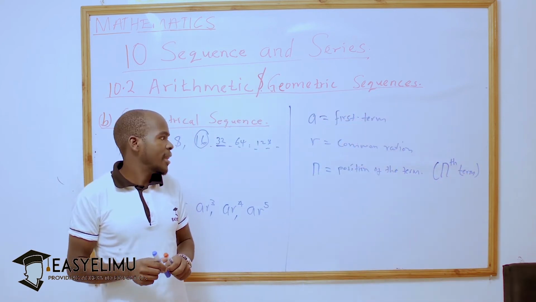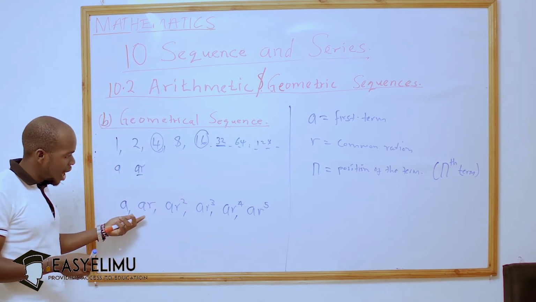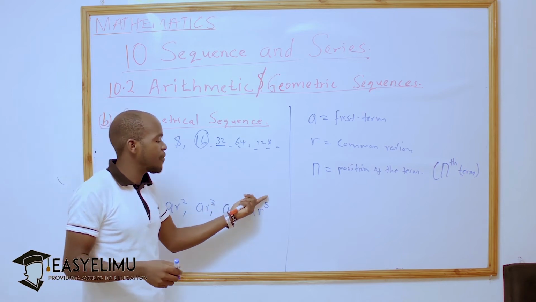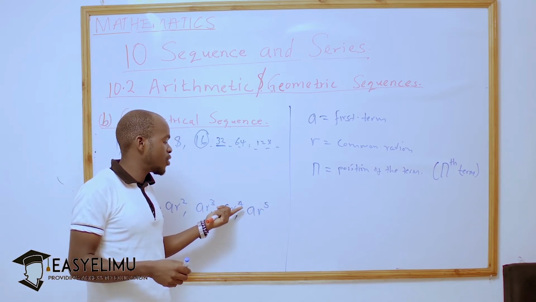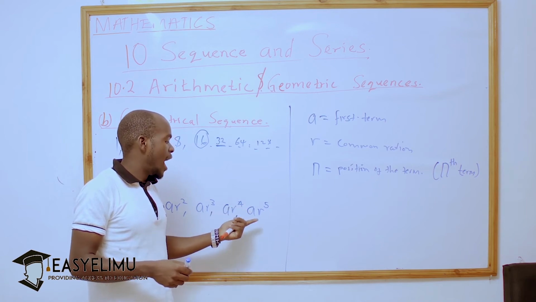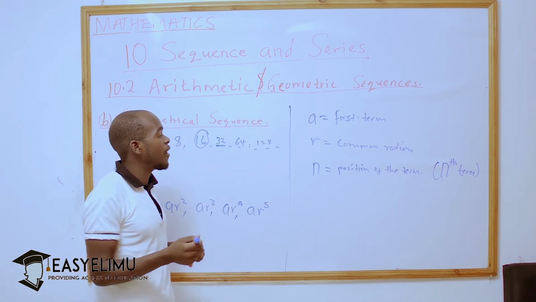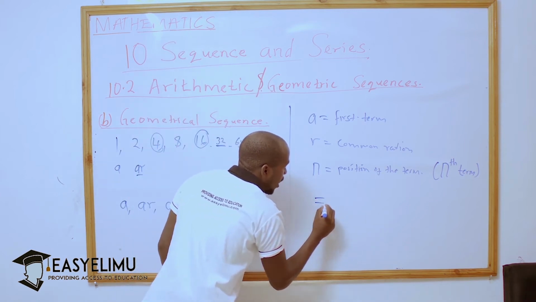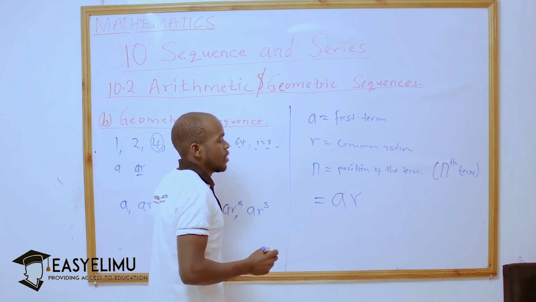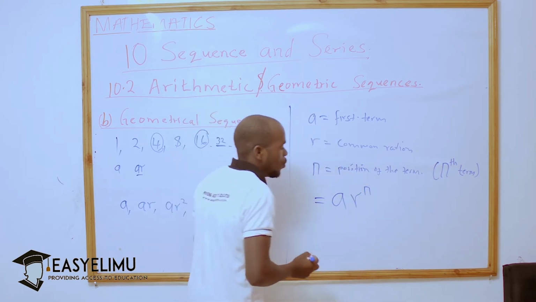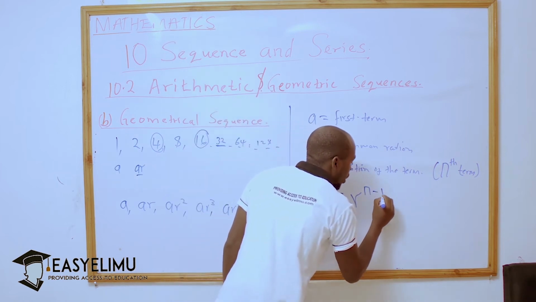How will we obtain that? From the formula, if it's the fifth, you take 5, subtract 1, and you get 4. Now if it's N in place of that 5, your formula will be A times R raised to N, the position which you want to seek, then you subtract 1.